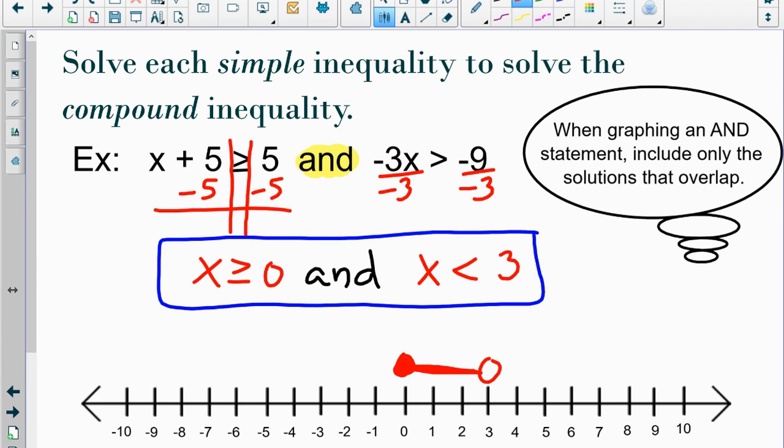So those are the only numbers that would be values for x that would solve this compound inequality. Basically, it's the numbers between 0 and 3, but we also include 0 as a solution because that circle is filled in. 3 is not included in the solutions because it was not filled in.